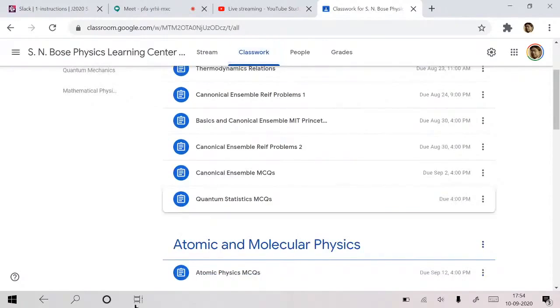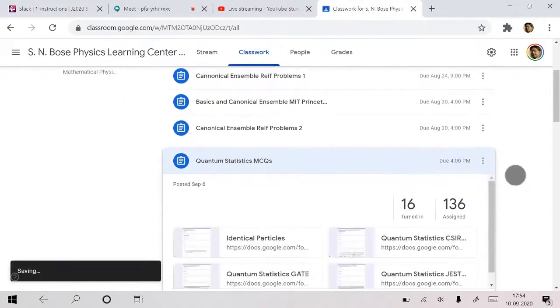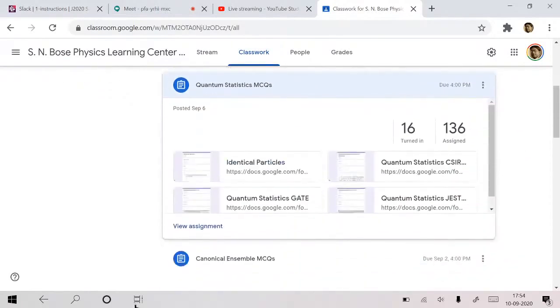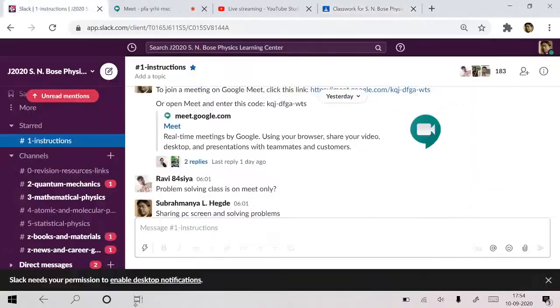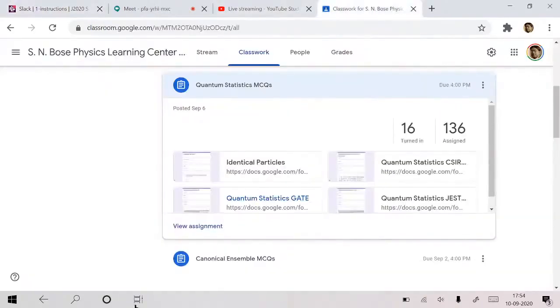Quantum statistics MCQs. Is it in the quantum statistics MCQs? Sir, I will post, sir. Okay, I will post. I forgot. In quantum statistics, CSIR question number 16, sir. Okay. Thank you.